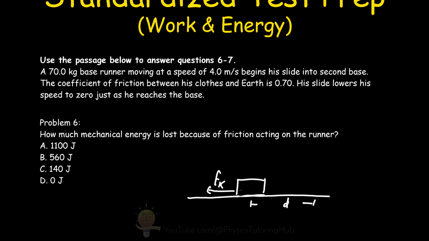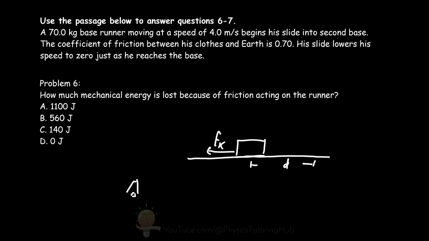So the change in mechanical energy is equal to the change in the kinetic energy from the initial condition when the speed of the runner is 4 meters per second to the final condition when the speed of the runner is 0. So the change in kinetic energy is the final kinetic energy minus the initial kinetic energy.